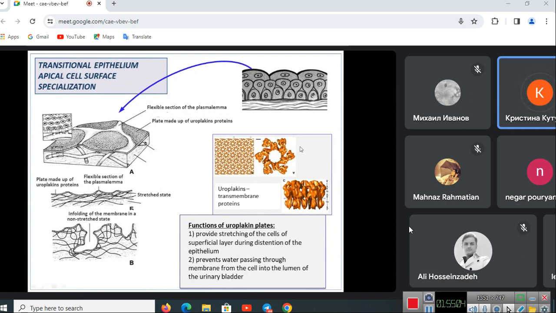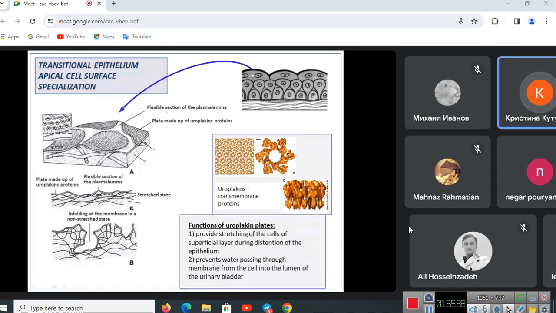Why so? Because here will be the lumen of the urinary bladder filled with urine. Urine is a more concentrated fluid than the fluid filling the cell cytoplasm. It means that water will go out from the cell to the more concentrated fluid, to urine. And if this happens, then the cell loses water and dies.